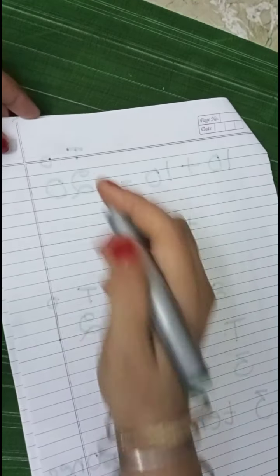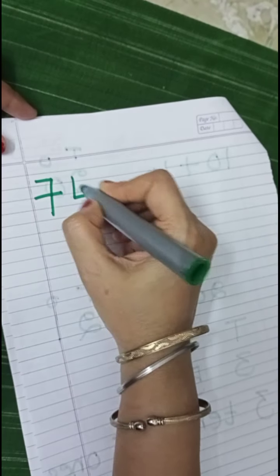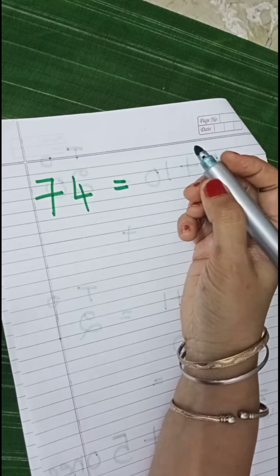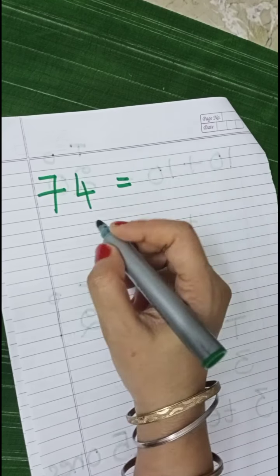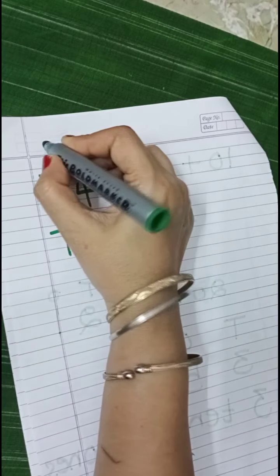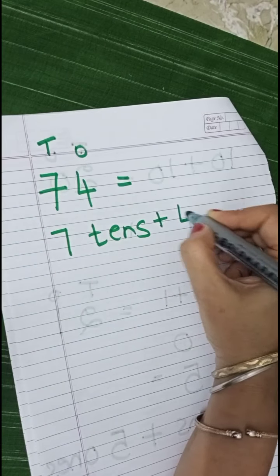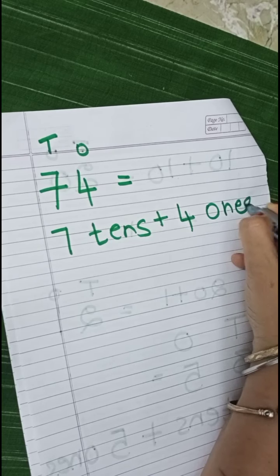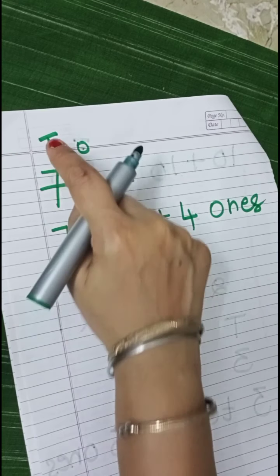I am taking one more number, 74. How can we expand this number? 7 tens plus 4 ones, because 7 means 7 tens.